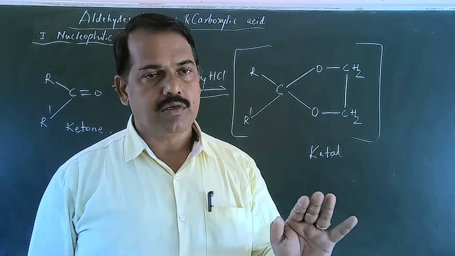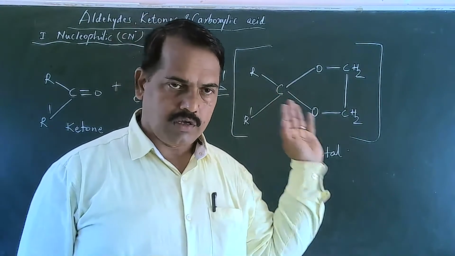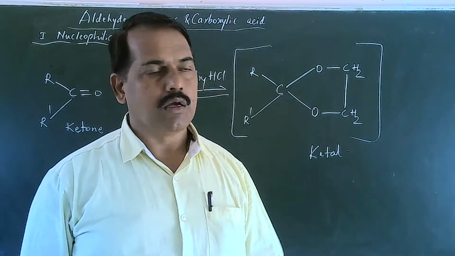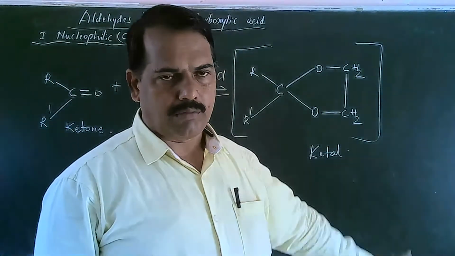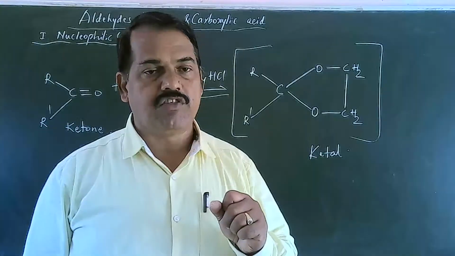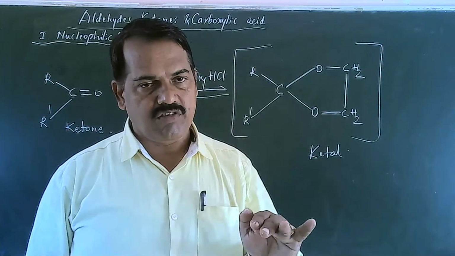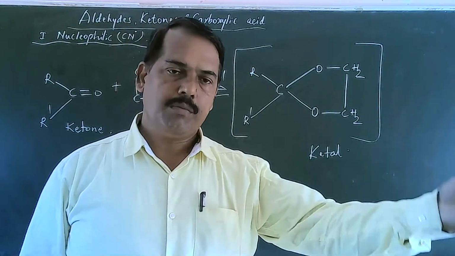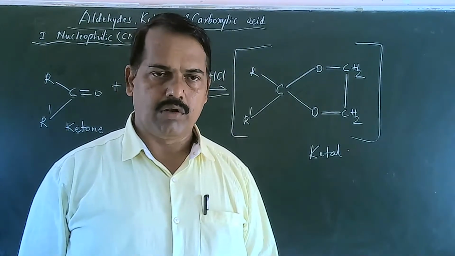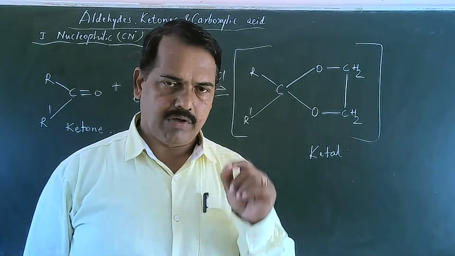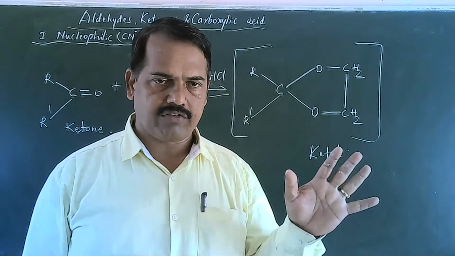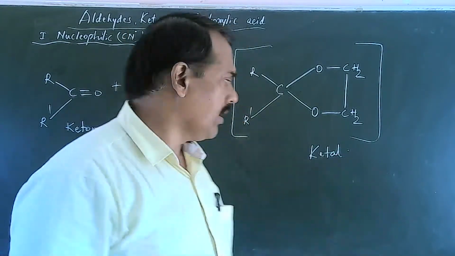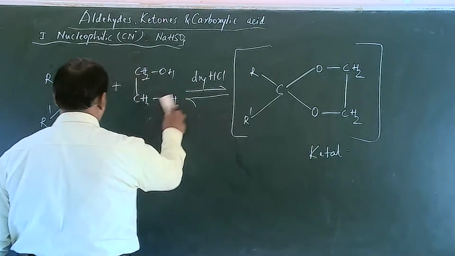Another one is the reaction of ketone with ethylene glycol to form a ketal. What is the reaction condition? Again, it is a reversible reaction, and it favors the product formation. Are you clear? Repeatedly, very slowly, you have to practice the reactions and understand the concept. Okay, we shall continue our study next.